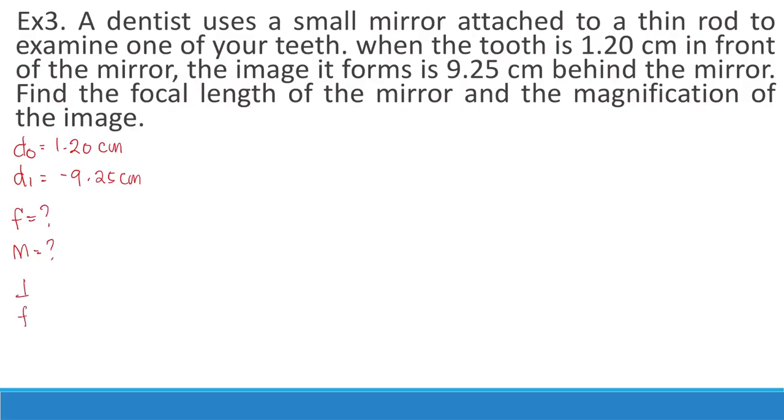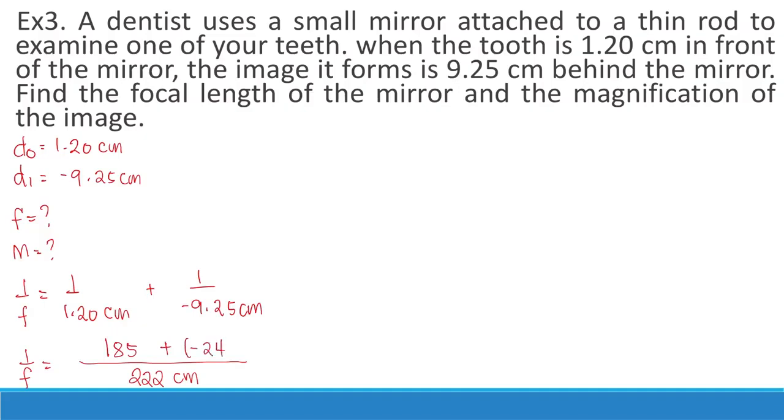We have 1 over f is equal to 1 over 1.20 centimeters plus 1 over negative 9.25 centimeters. So we have 1 over f is equal to, the least common denominator is 222 centimeters, so we have 185 plus negative 24.